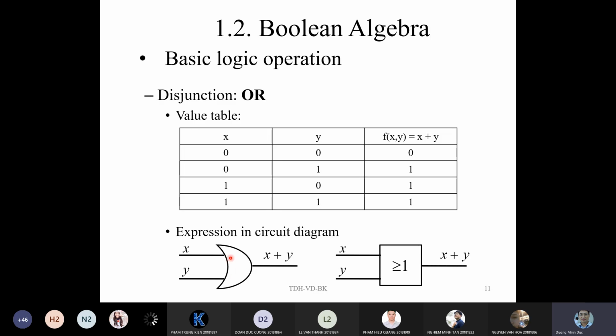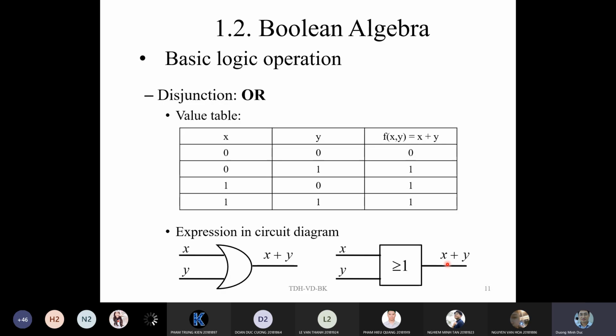In Vietnamese, it's like a trang khuyết, right? So we have x and y as input and the output is x plus y. Or we can use the square with the symbol larger or equal 1. Then we have x, y, and the output is x plus y.